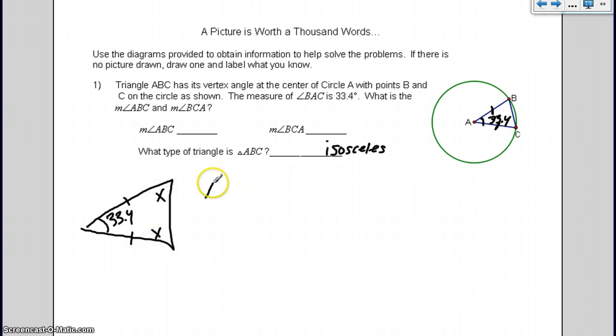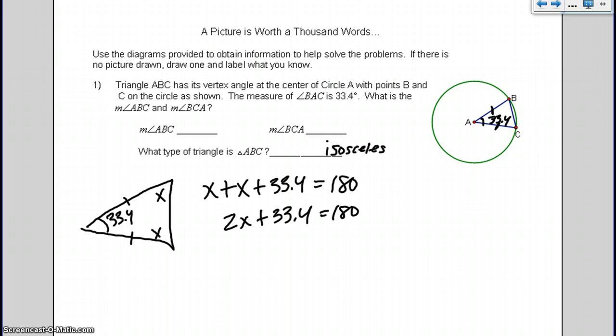Now I can do x plus x plus 33.4 gives me 180. I combine like terms. Then I subtract 33.4 from both sides. That goes away.